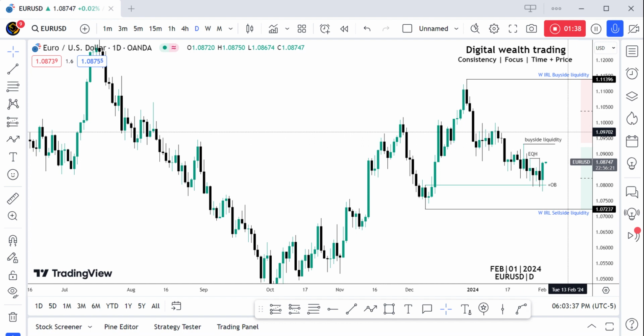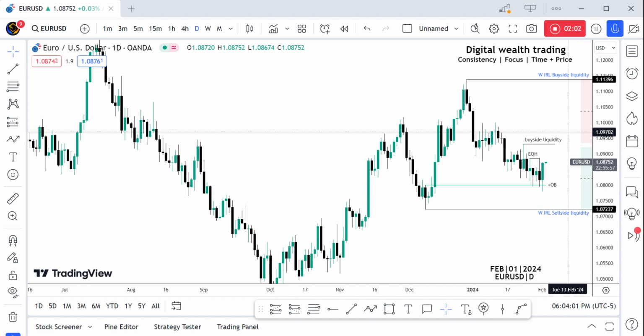So, as usual, what you are looking at right now is Euro US dollar, which many people call EU. Well, I call it the Euro US dollar daily contract, and it goes like this.